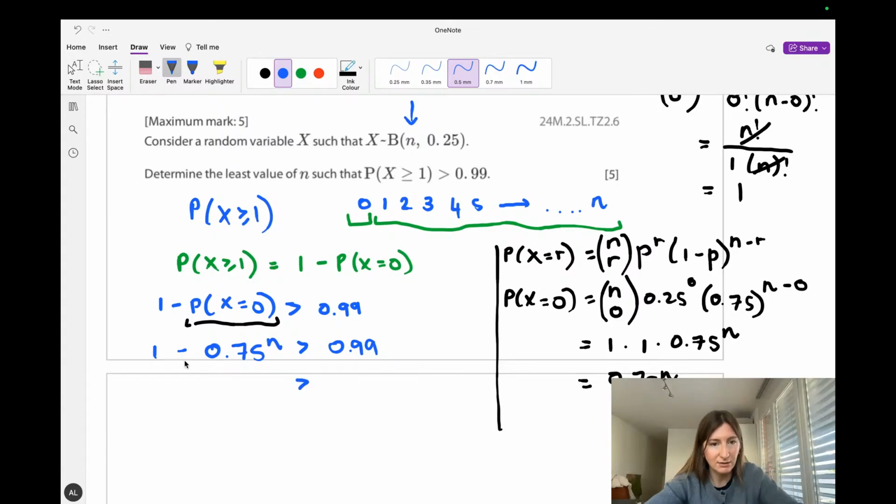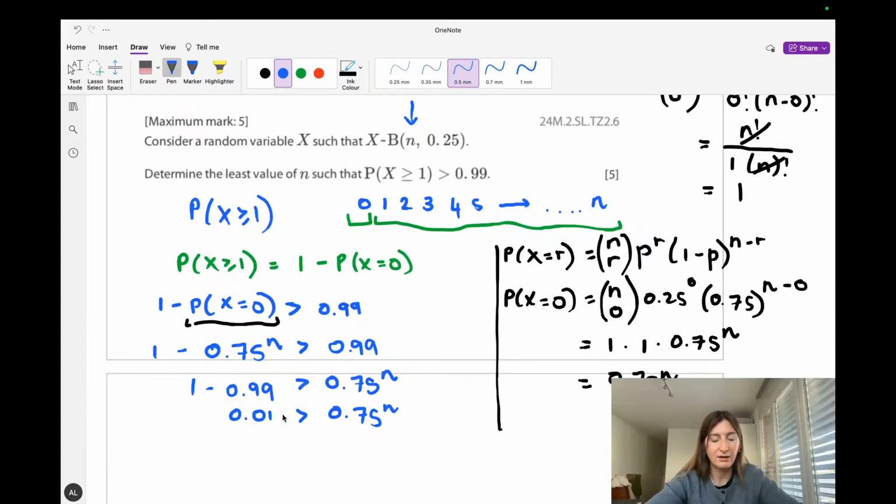It was minus, so on the other side, it's going to be positive. And I'm going to move this 0.99 to that side, and so it's going to become minus 0.99. That 1 was just staying there all the same time. 1 minus 0.99. Finally, a nice question that we can answer easily. 0.01 is greater than 0.75^n. Okay.